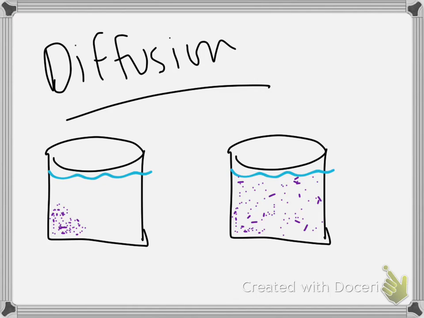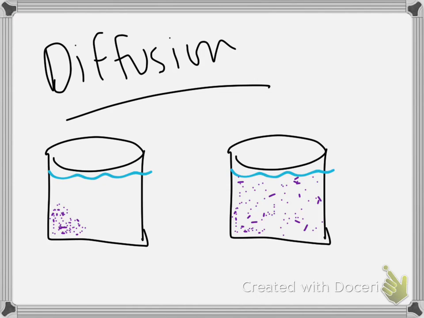Where was the area of high concentration of smell particles? The kitchen. Where was the area of low concentration of smell particles? The back hallway. I'm using some metaphorical house. You may or may not have a back hallway. Those odor particles spread out throughout the entire house until they are evenly distributed. That is diffusion.